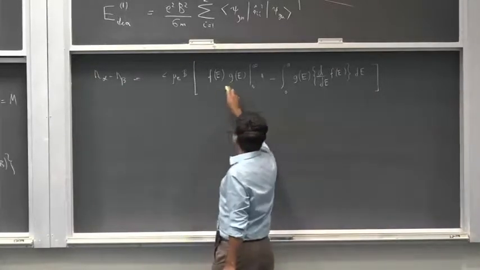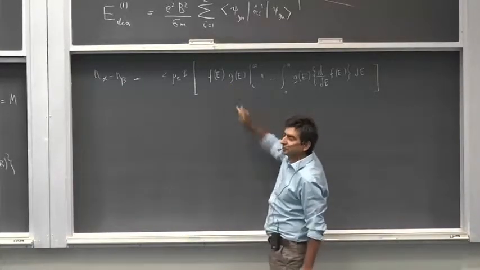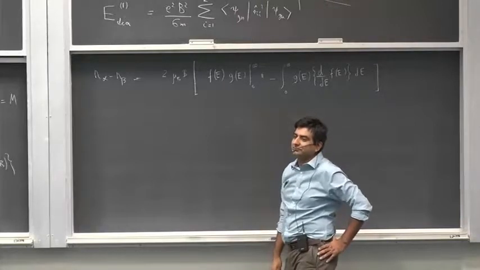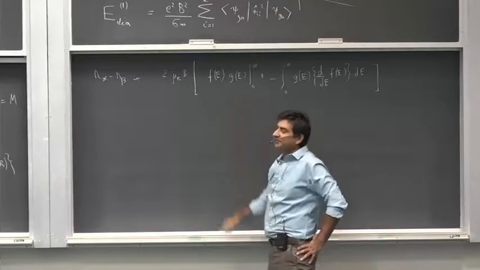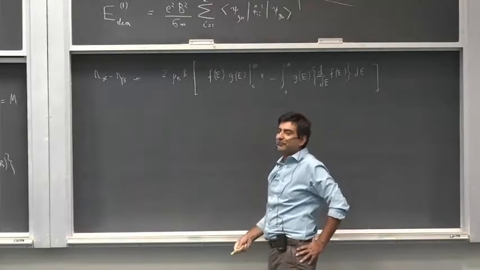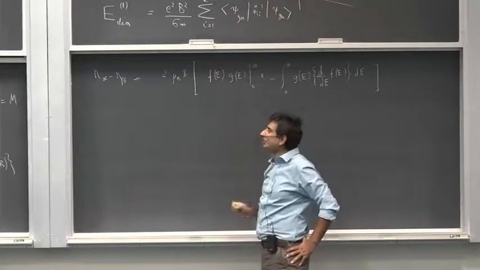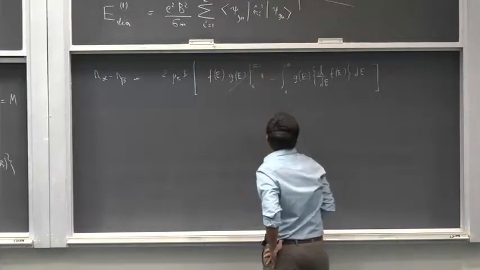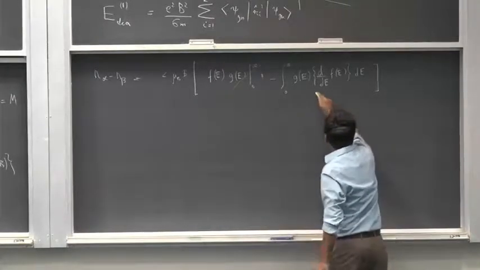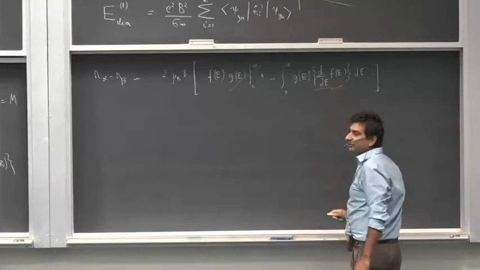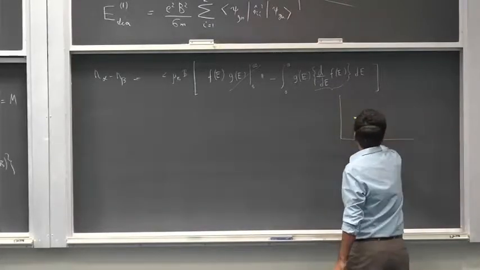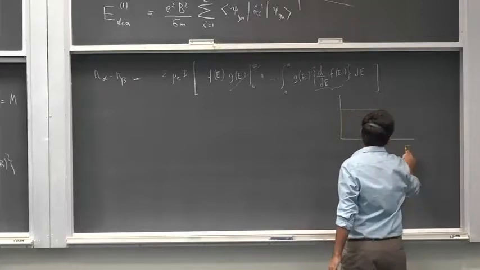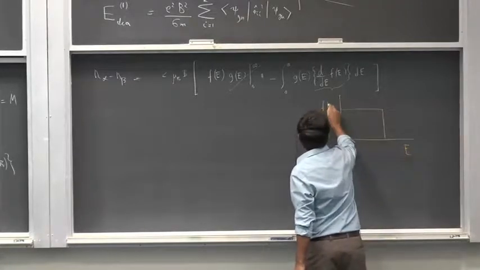Now when this is infinity, what is this function? 0, because this is 0. When this is 0, what is this function? 0, because G is 0. So this thing is 0. Now I'm left with the task of finding the derivative with respect to E of F(E). If you look at the curve for F(E), this is E, this is F(E).